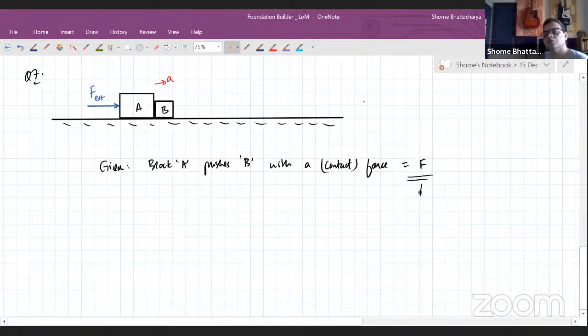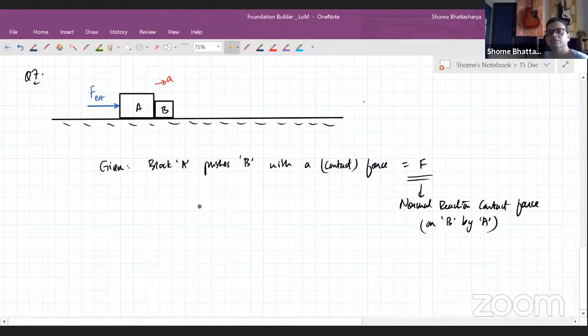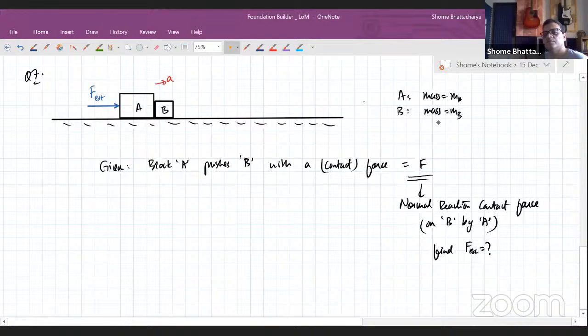So this F is basically the normal reaction contact force on B by A. So from this we have to find what is the force applied by the experimenter. We have to find this out. Okay. And given that A has mass equal to Ma and B has mass equal to Mb. Okay.